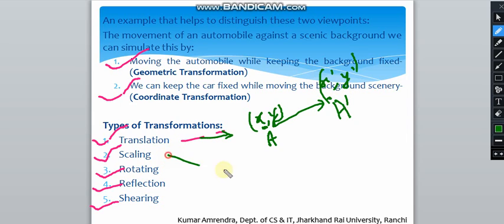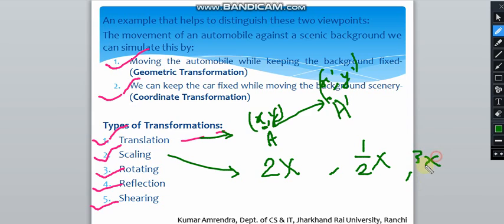Similarly in scaling, we have to scale, that means we have to make the object 2 times, or half, that means 1 by 2 times, or 3 times, and similarly scale in some proportion.